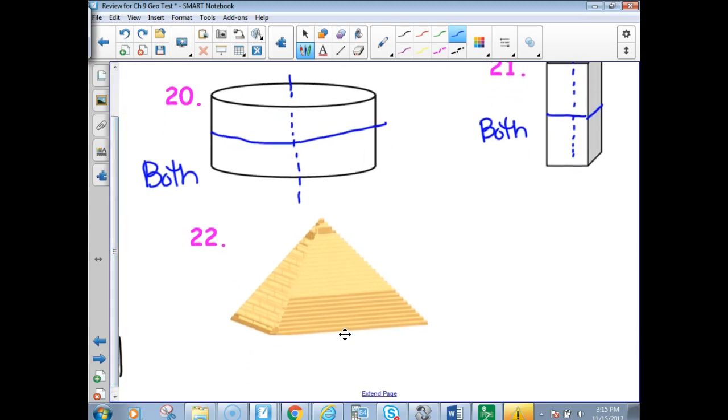Now, what about this thing? I know it's very hard to see. I heard it's very, very pale on your worksheet. It's supposed to be a pyramid, okay? And it's got a rectangular base. So can you spin it without having to go 360? Yep, you sure can, because you can do a half turn, right?